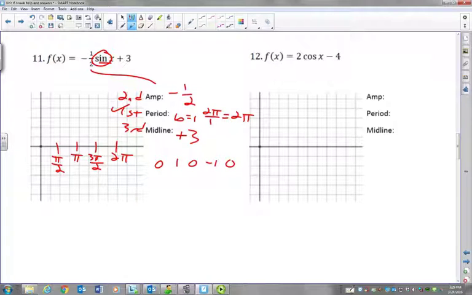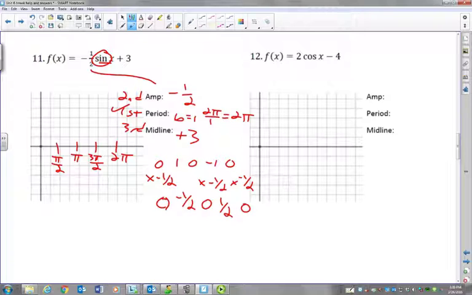First, we're going to apply the amp by timesing everything by -1/2. 0 times -1/2 is just 0. 1 times -1/2 is -1/2. 0 times -1/2 is 0 again. -1 times -1/2, negative times negative is a +1/2, and then 0.